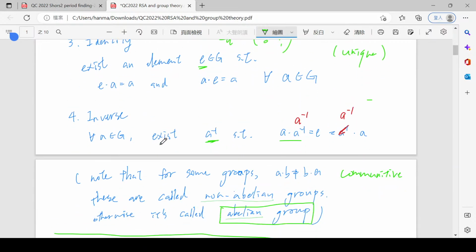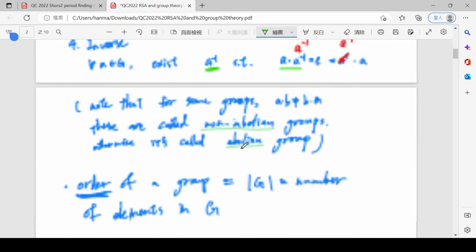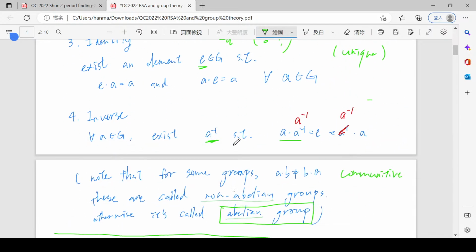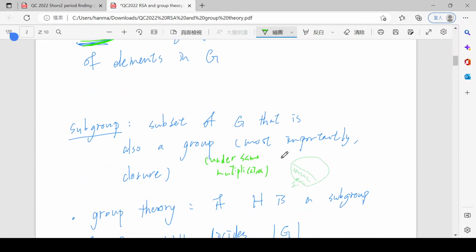And actually, the hardest property to satisfy for a subgroup is closure. In order for some subset to be a subgroup, you think about a whole bunch of elements inside, and you can multiply each pair of them, and they need to stay inside this subset, because it's also a group, so it needs to satisfy closure. You need to select this set carefully, such that however you multiply them, the result will also be inside this subset.